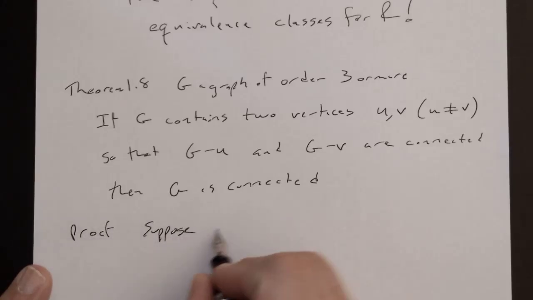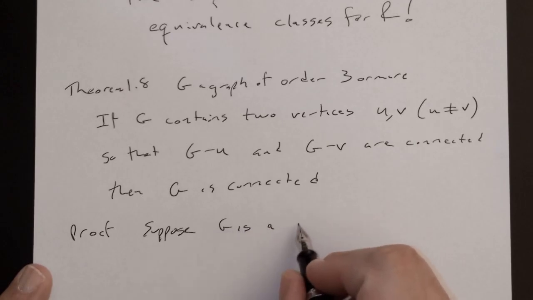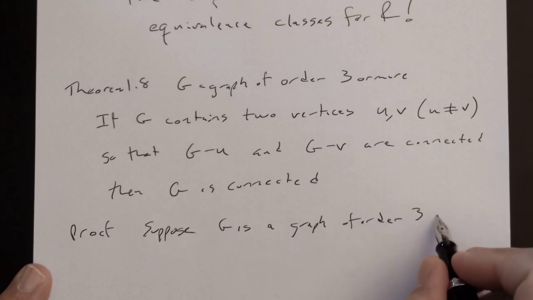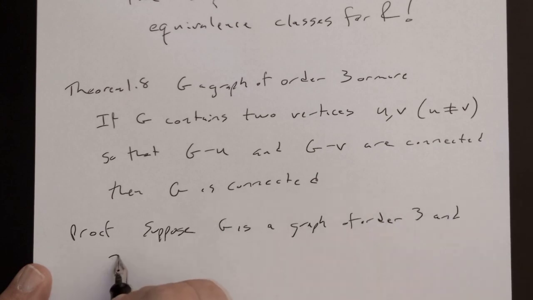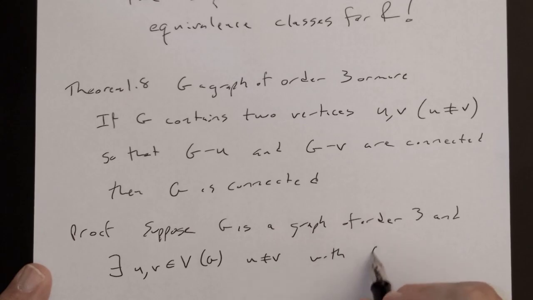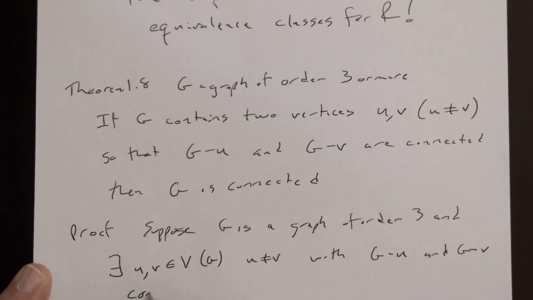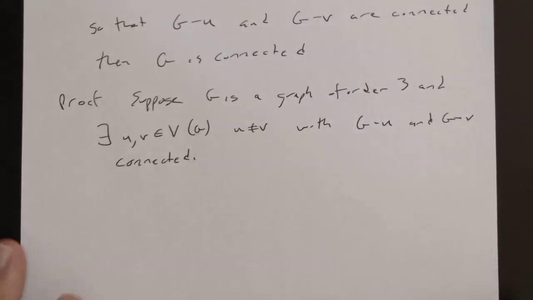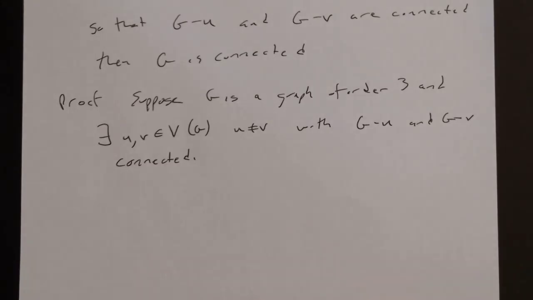Suppose G is a graph of order 3 and there exist U, V in the vertex set of G, U not equal to V, with G minus U and G minus V connected. I want to show that G is connected.